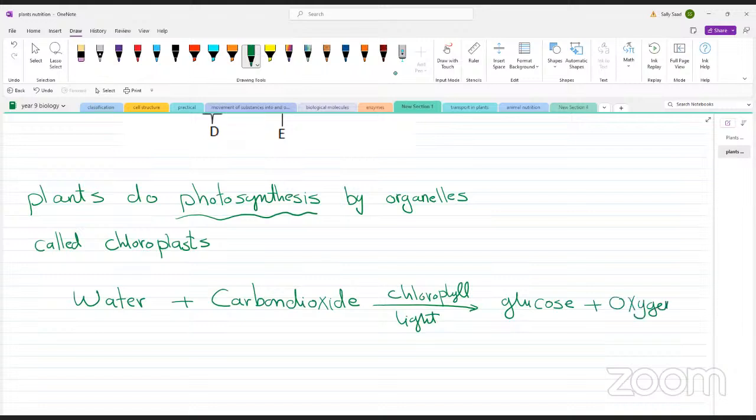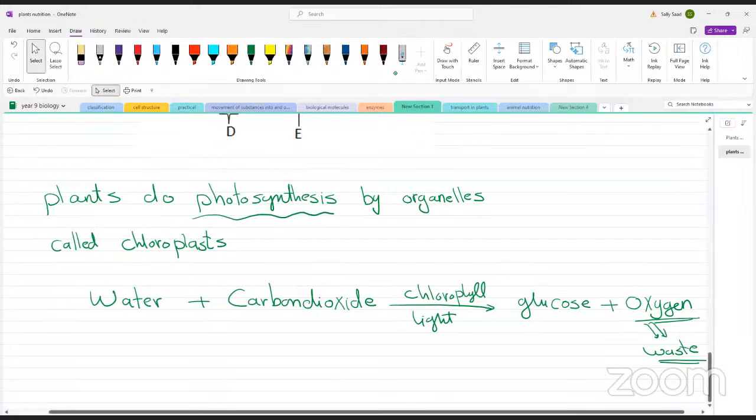Part of this oxygen will be used by the plant and the other will be diffused outside of the plant as waste for this process, right?